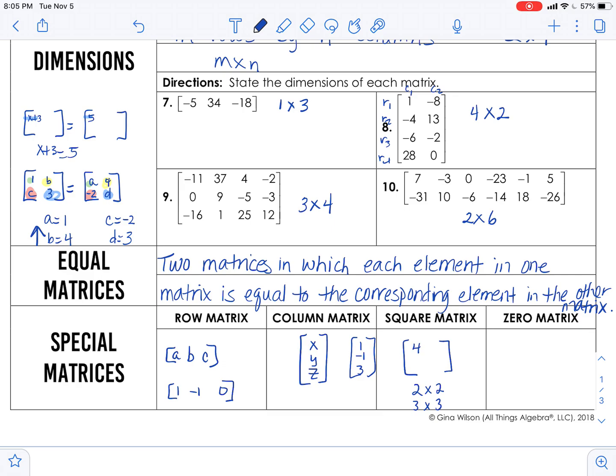And so again, an example here might be 4, 9, -3, 5. Okay? The next one that we're going to have is what's called the zero matrix. We actually don't use this one very often, but it's simply a matrix in which it is full of zeros. Okay, we do have a couple other matrices that we'll talk about coming up, but these are the special ones that we talk about right now.